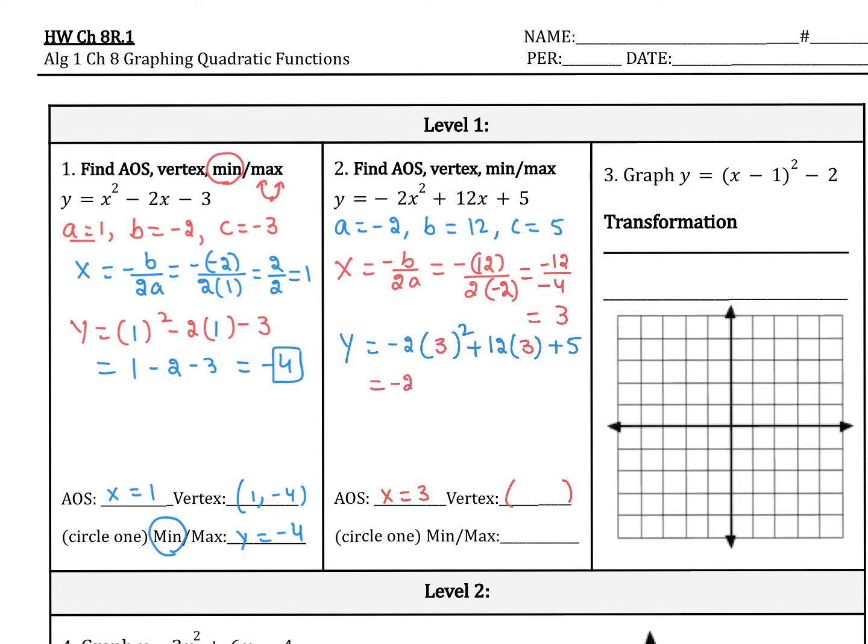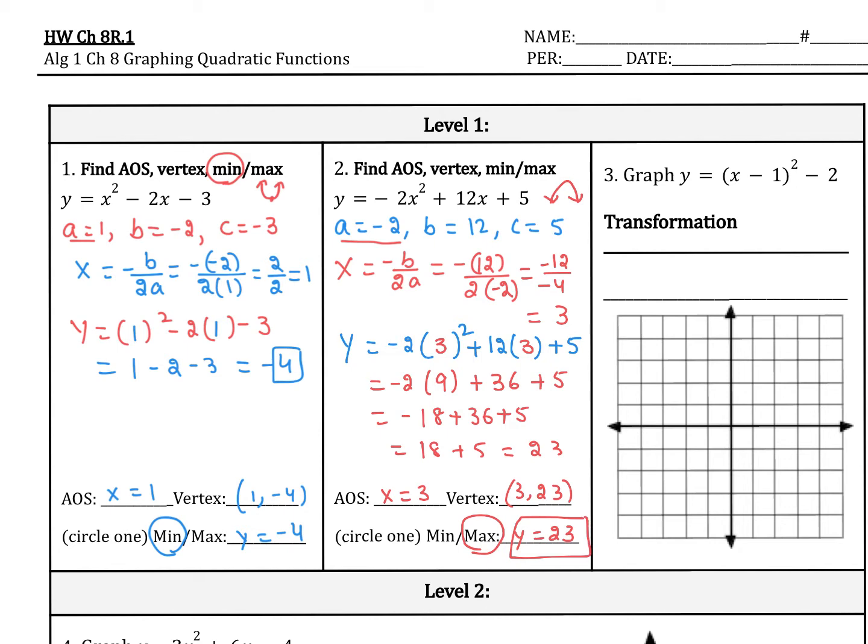You got here is -2 times 9 plus 36 plus 5, -18 plus 36 plus 5, and that's going to be 23. 3 comma 23. A is less than 0, so it opens down. It means it's going to give you maximum value of y, that is 23.